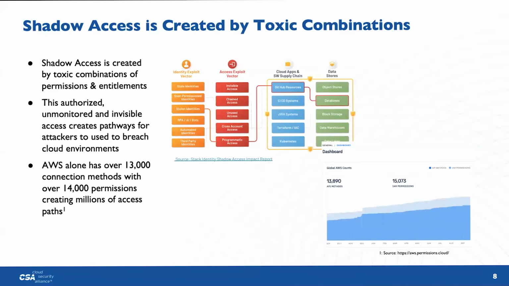So primarily, we are talking about a new concept of shadow access calling breach pathways, that through these combinations of access, which are toxic, attackers can start at a very legitimate, safe point and work their way through the organization and get to the target, which could be a data store or a supply chain or a software, and start to do exfiltration. And to just give you a sense of the scale alone, AWS alone has got more than 15,000 permissions and growing. So even if you're a 10% AWS shop, you're looking at millions of entitlements you're going to deal with, and the toxic combinations that it creates.